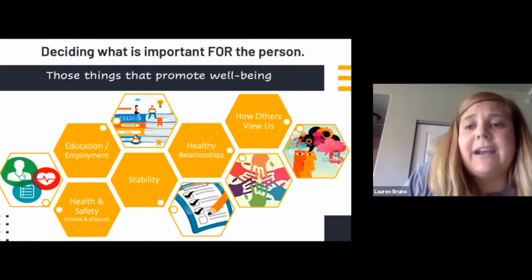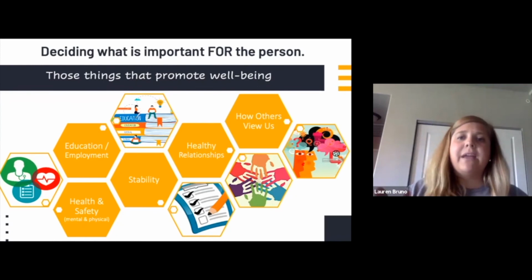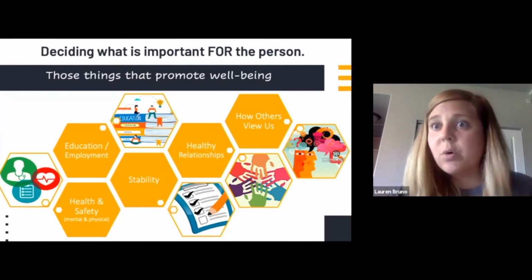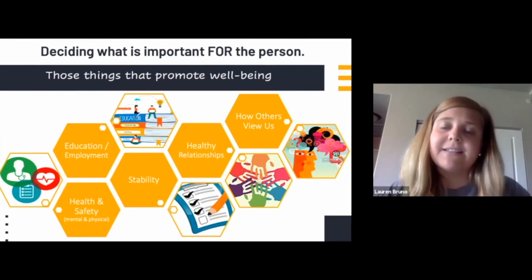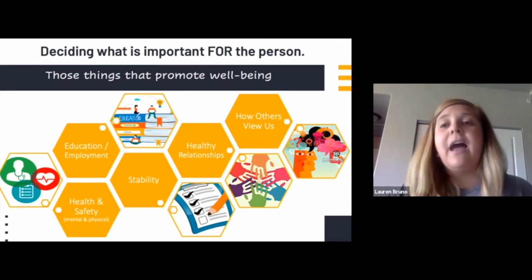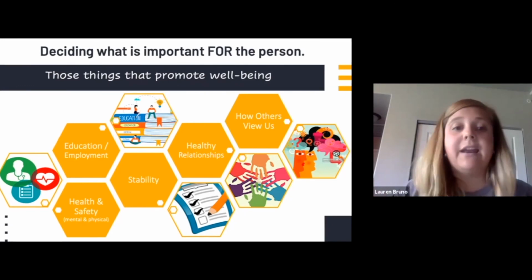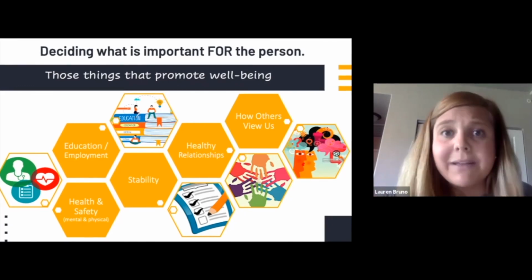Next is deciding what's important for the person. These might be a little more abstract, or certain activities or practices. Some might be health and safety, maybe supporting you with going to a counselor if needed, the education, employment development, right?